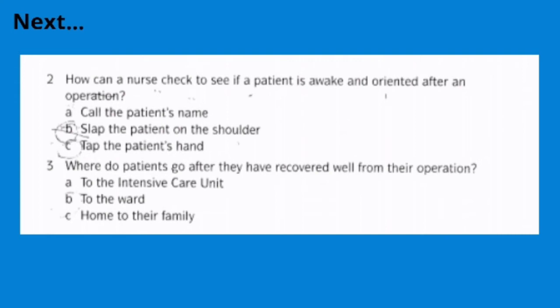No ya. And then yang C, tap the patient's hands. Of course no ya. So what is the best answer? Yeah, you know, A. Of course ya. Call the patient's name is enough. Hello, Miss Anna, for example.